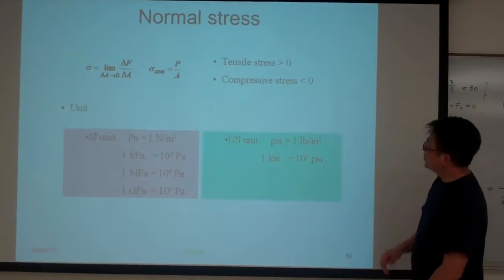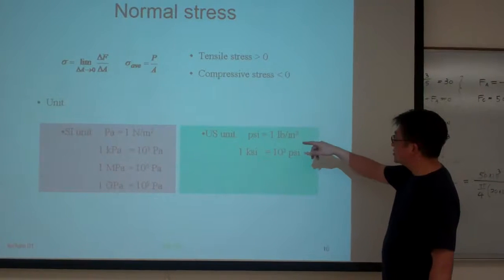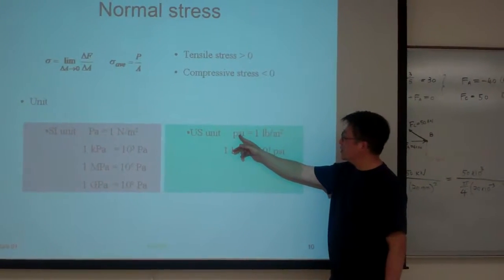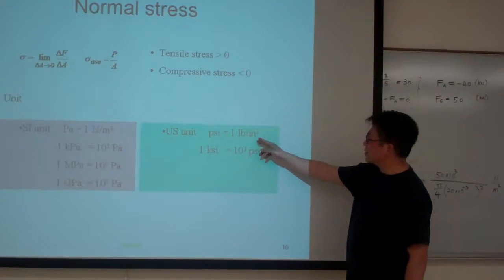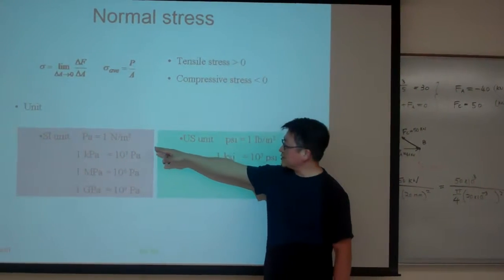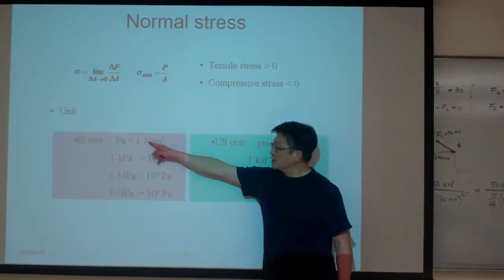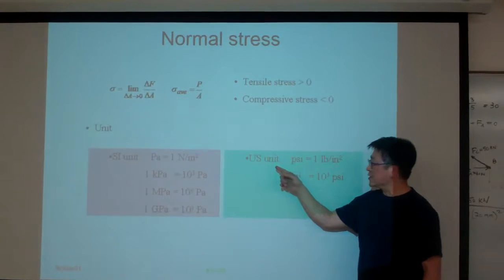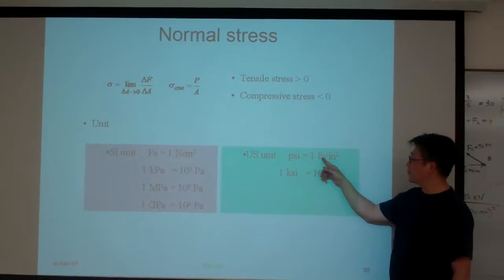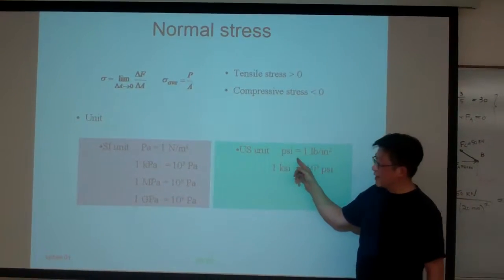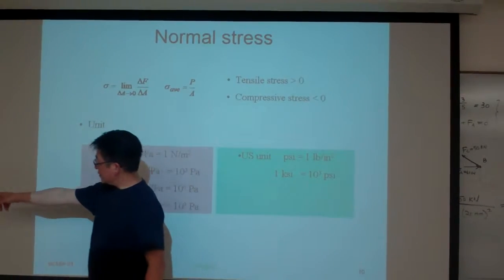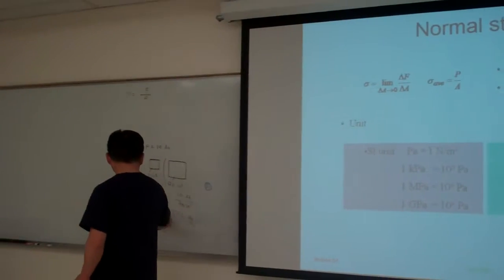On the other side, we have the English unit. In parallel to this SI unit, the force in terms of newtons, the US unit is using pounds, just like our example here. So here I use the example of pounds per inch.